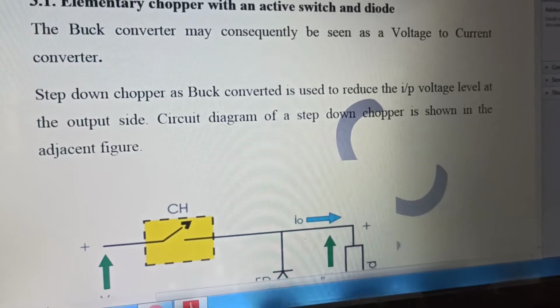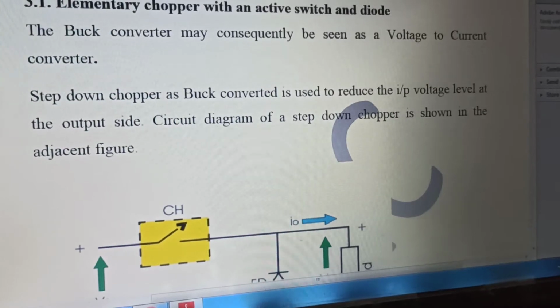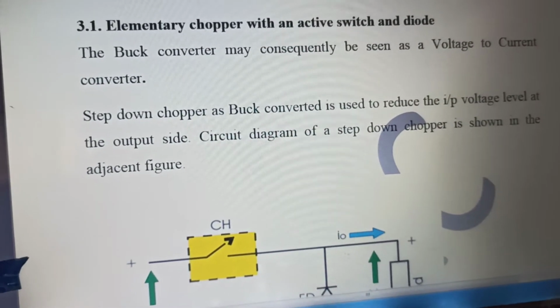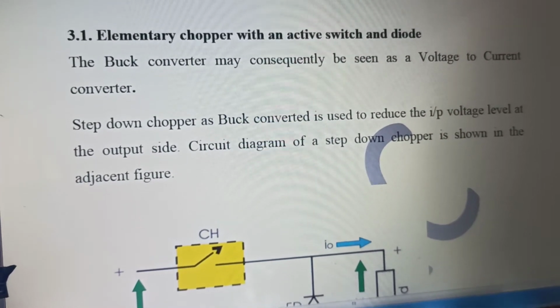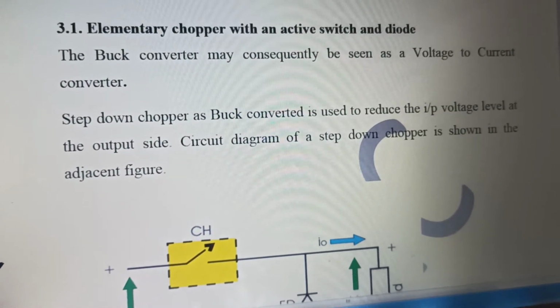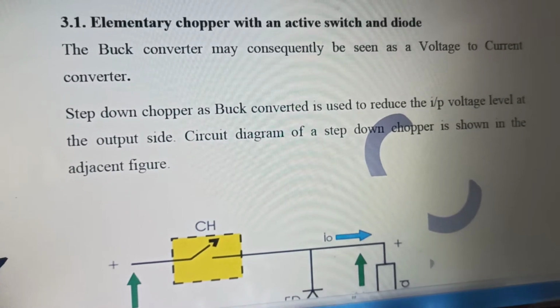Till this date, we have studied AC to DC converters. They may be either controlled or uncontrolled. Uncontrolled converters consist of diodes, but a controlled converter consists of thyristors, and the firing angle of the thyristor is controlled by us.